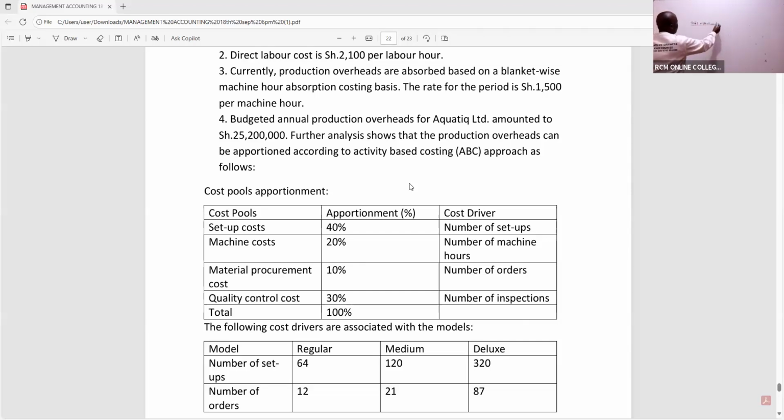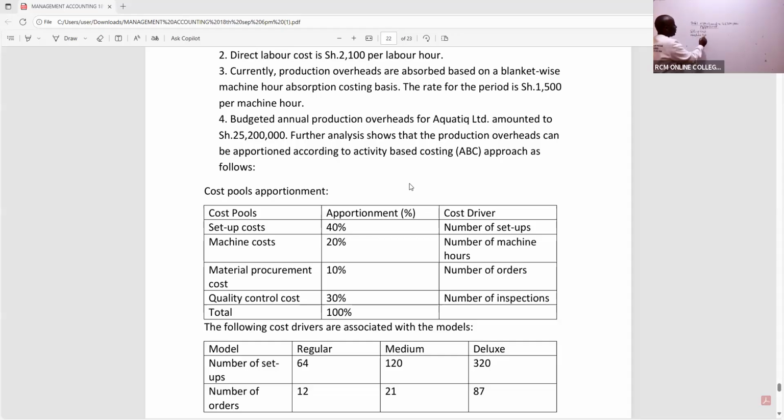So the total overhead we are given here is 25,200,000, which is apportioned to the various cost pools. That is, we have setup costs. Then we have machine costs.